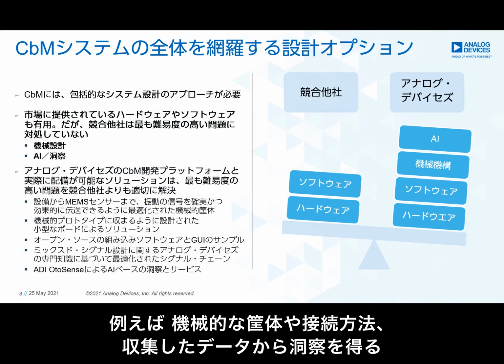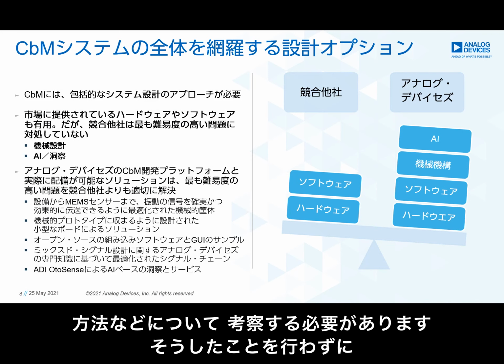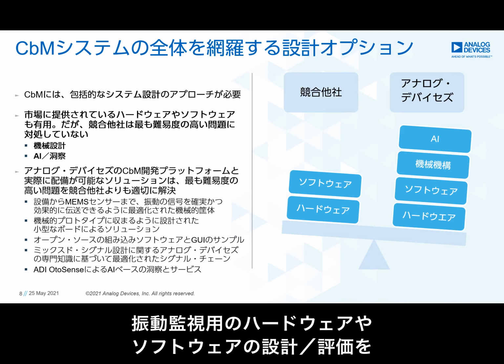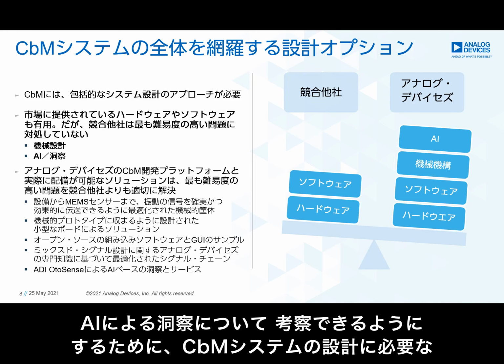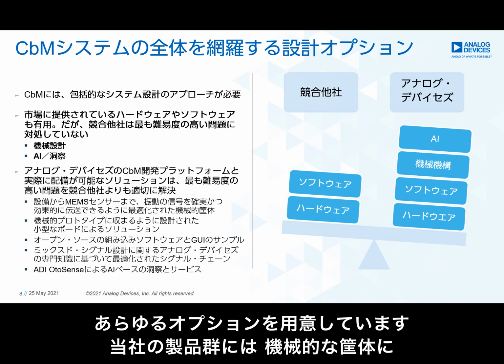Condition-based monitoring is truly a system design problem. You cannot design and evaluate hardware and software for vibration monitoring without considering the mechanical enclosure and attachment, as well as gaining insights from the gathered data. Analog Devices' full CbM system design options enable the customer to consider mechanical design and AI insights.